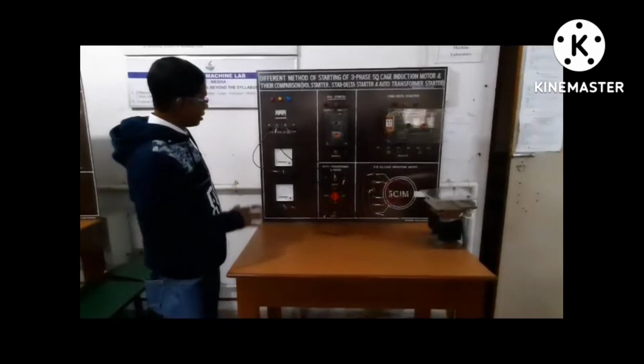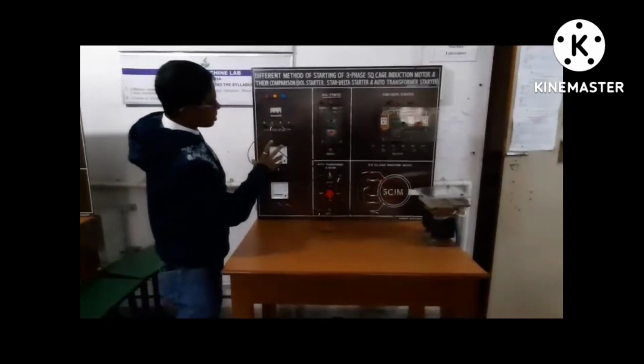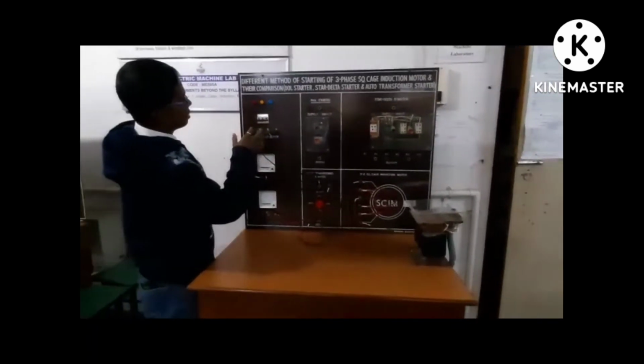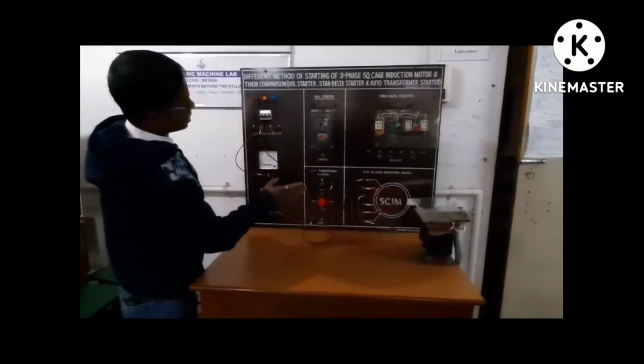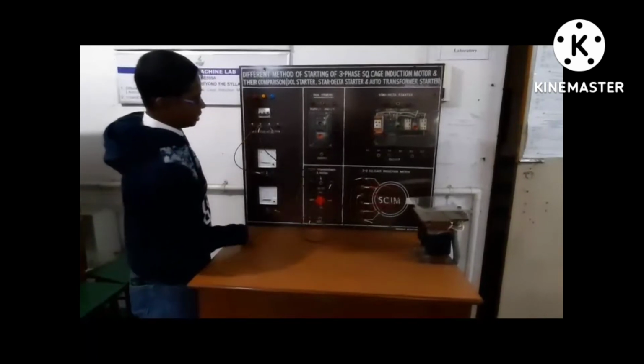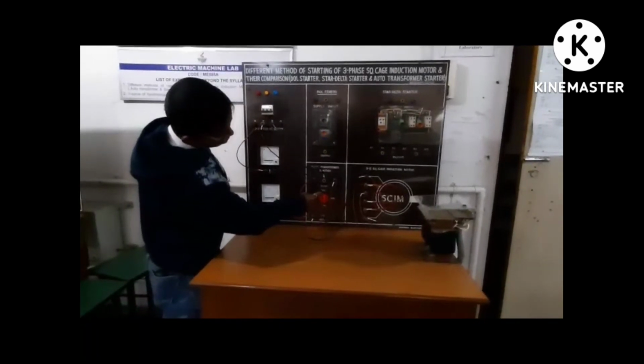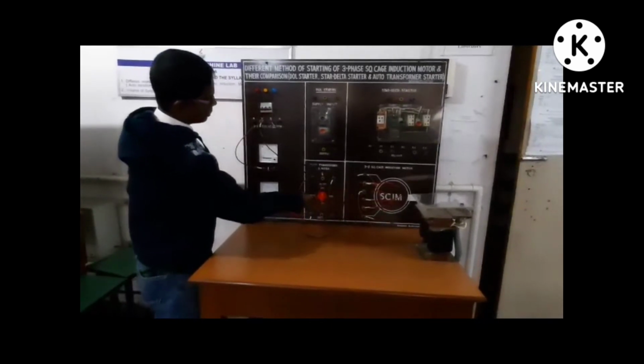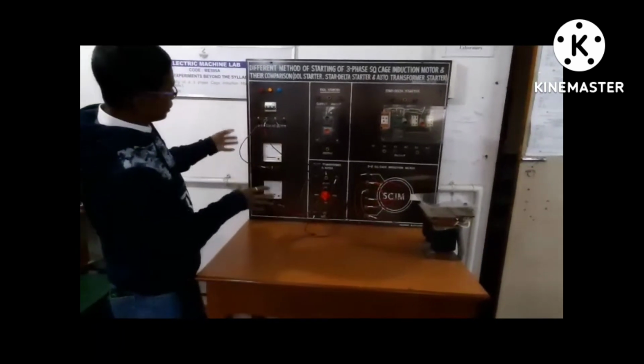Now we can start another set of experiment: we want to run the squirrel cage induction motor by autotransformer starter. There are 4 positions of this knob: 25%, 50%, 75% and 100%. All the connections we have done just like this.